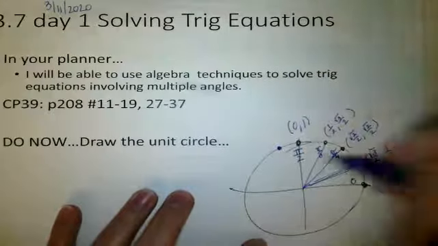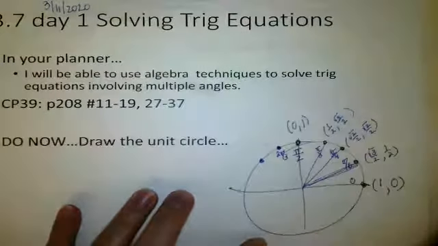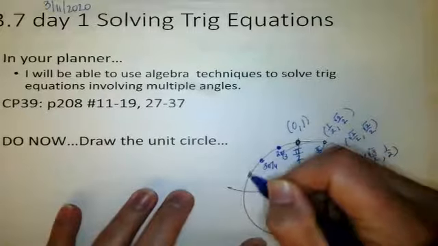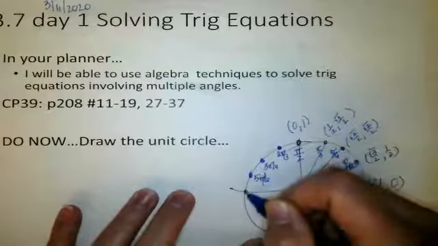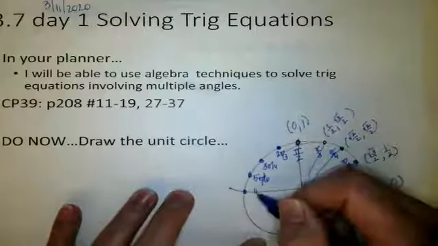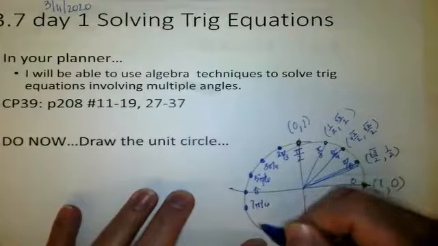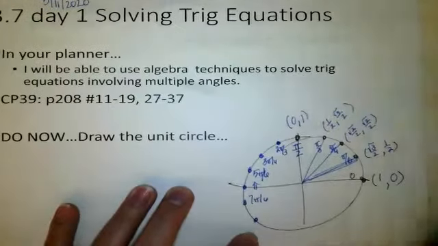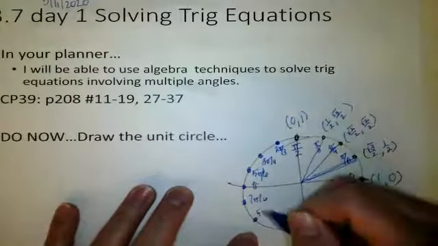So right here would be 2 pi over 3. Here is 3 pi over 4. Here is 5 pi over 6. This is pi. Here is 7 pi over 6. Down here, something over 4: 5 pi over 4. Very good.